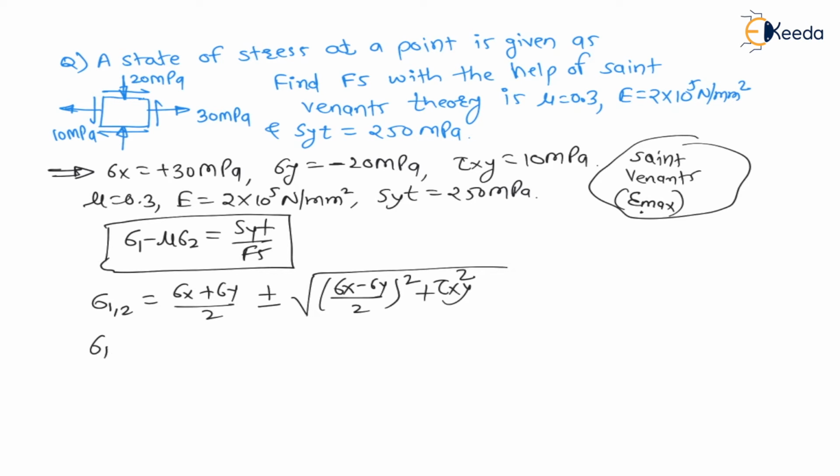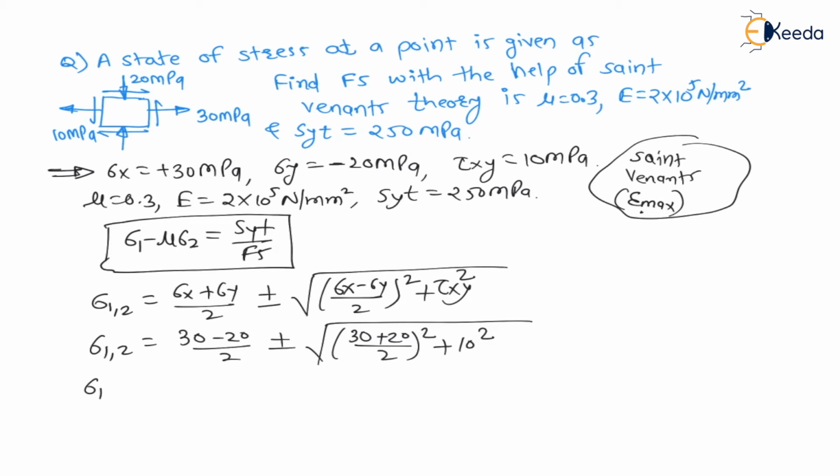Therefore, put the values. Sigma 1, 2 is equal to sigma x is 30, sigma y is minus 20, divided by 2, plus or minus under root of sigma x is plus 30, sigma y is minus 20, minus minus will become plus 20, divided by 2 whole square plus tau xy is 10 square.